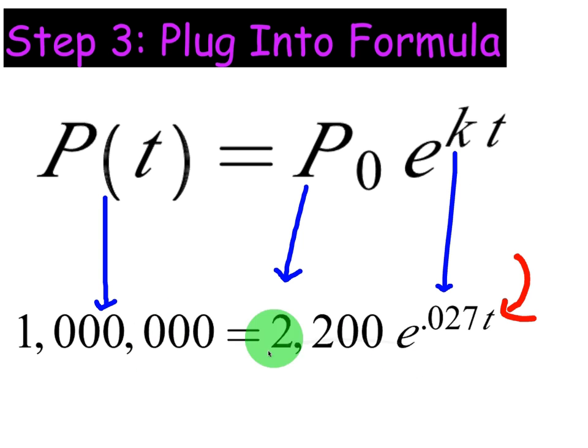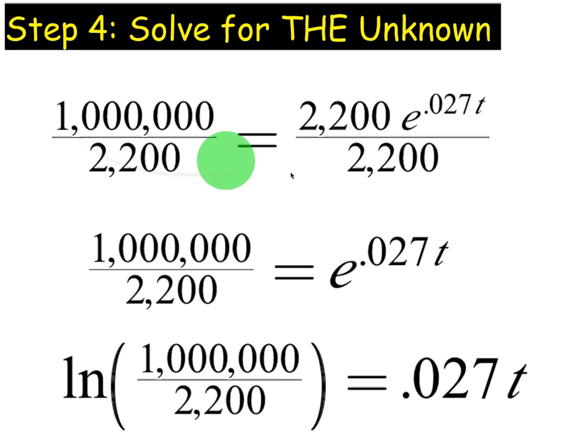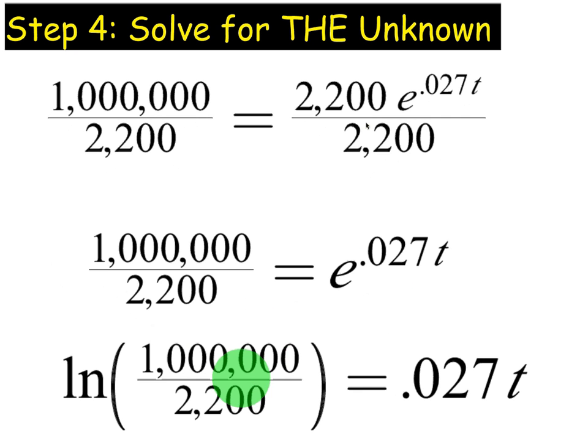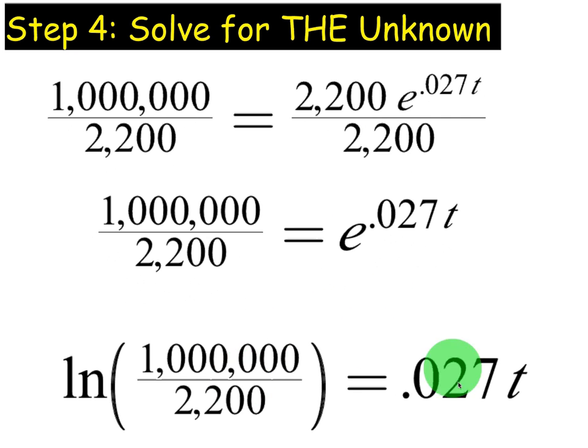In order to solve this, you can see that right off the bat, you need to divide both sides by 2,200, which is exactly what we're going to do first. Now we have 1 million over 2,200 equals e to the 0.027t. I like to just leave it this way because I can plug it into my calculator that way. Next, we're going to take the natural log of both sides. When we take the natural log of both sides, the e cancels on the right, and I'll just shorthand show that over here.